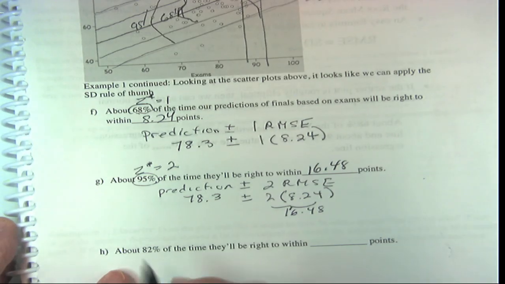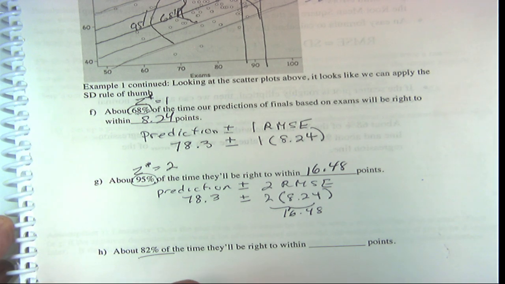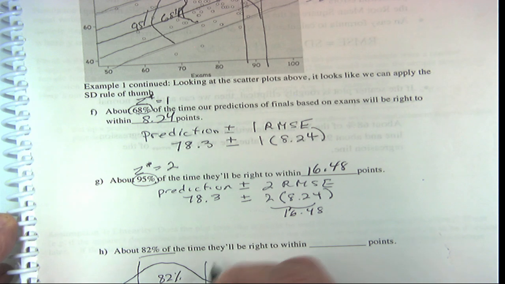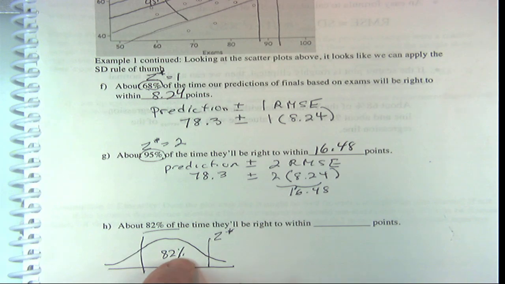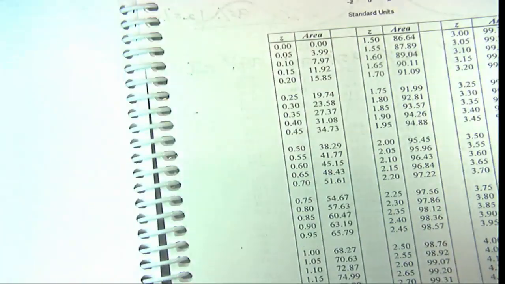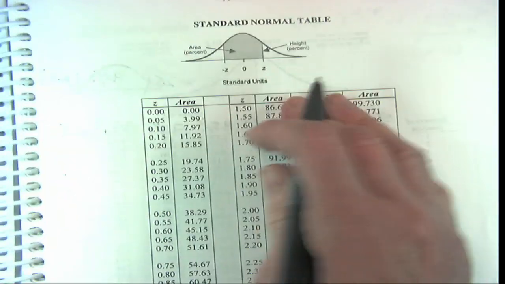All right, if we wanted to do 82% of the time, well, I don't know that one offhand, so I'd have to look at the table and figure out what the Z star is here, what the critical value for Z is at 82%. So I just look in the back here. 82, middle area of 82. This is where this type of table comes in very convenient for confidence intervals.